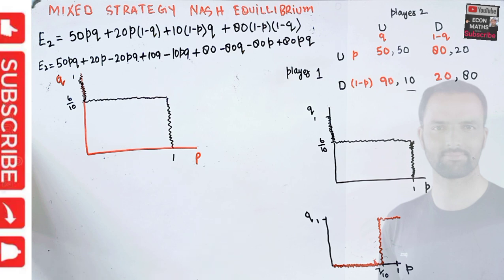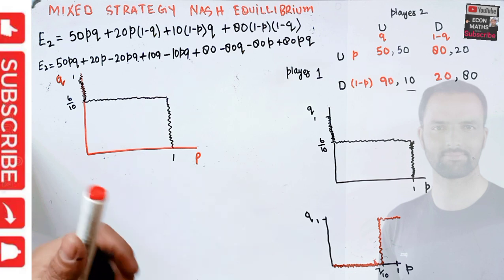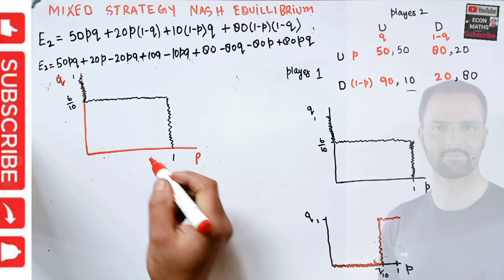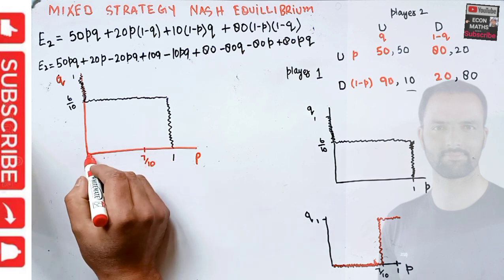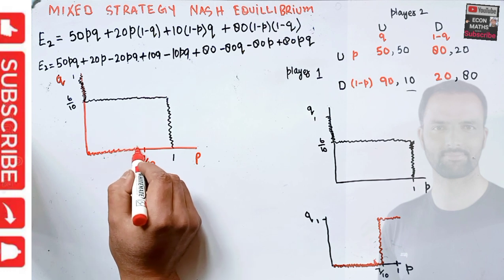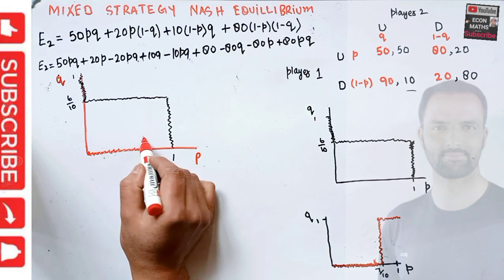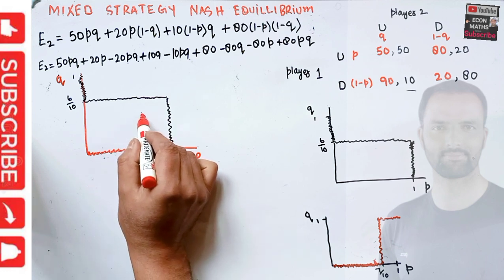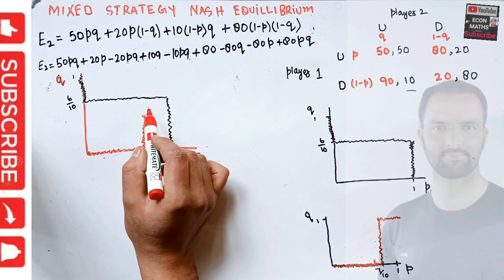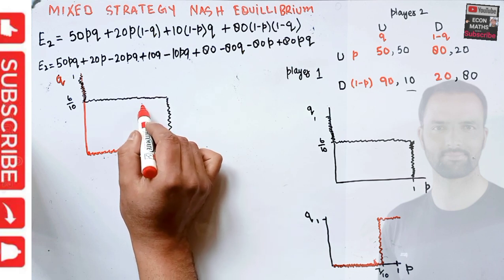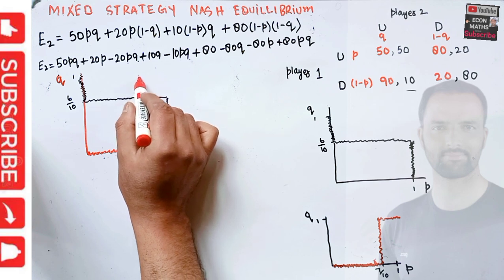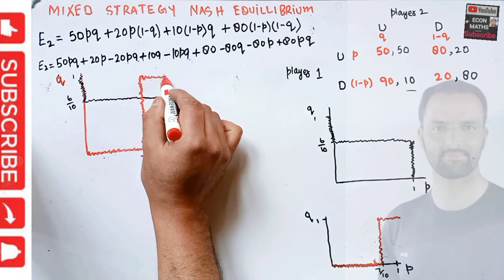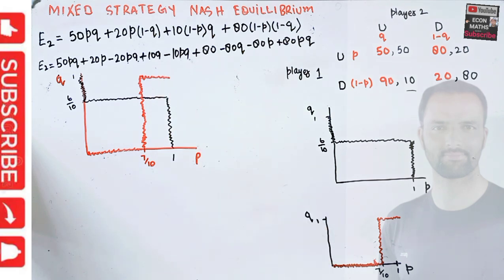Then for player 2 we have 7 upon 10. So let us say this is here 7 upon 10. So player 2 will be playing in this region. I hope I am making myself clear here.